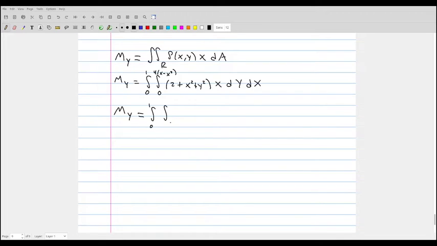So the integral of this function is the same thing as the integral of 2x plus x cubed plus y squared times x.